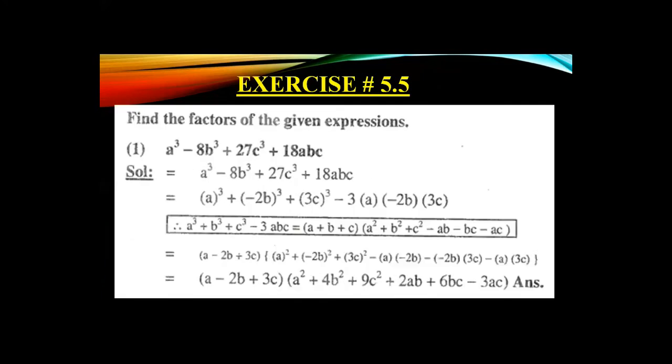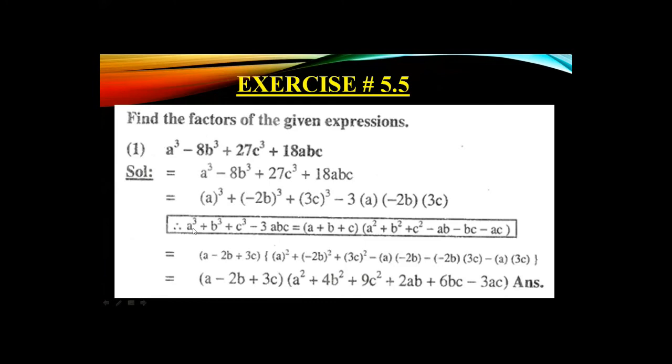Now the next question. Now we're going to start exercise 5.5, and here the question is, find the factors of the given expression. We have discussed in the previous slide which formula is going to be used here.